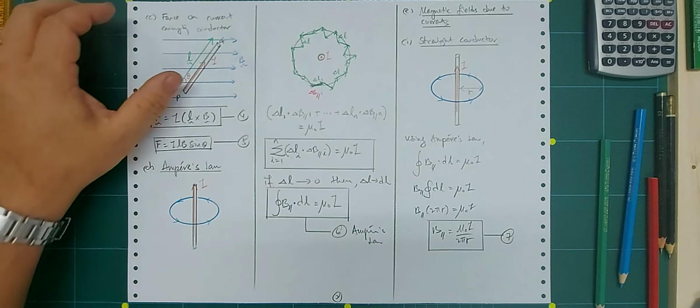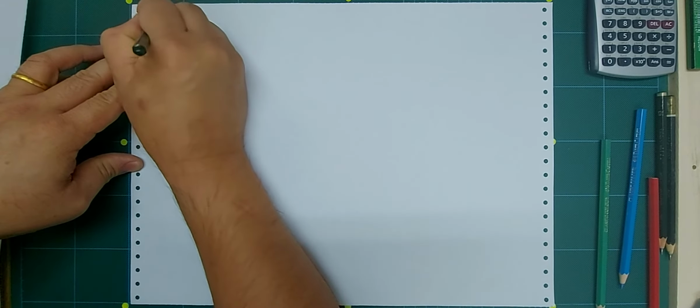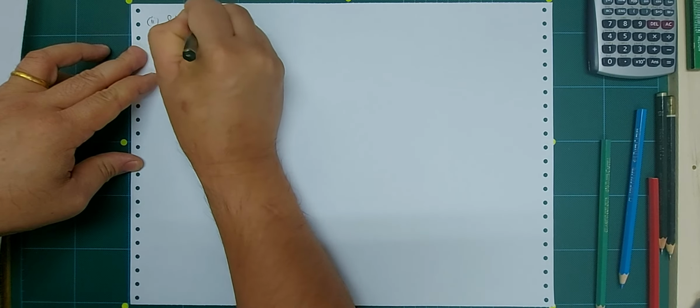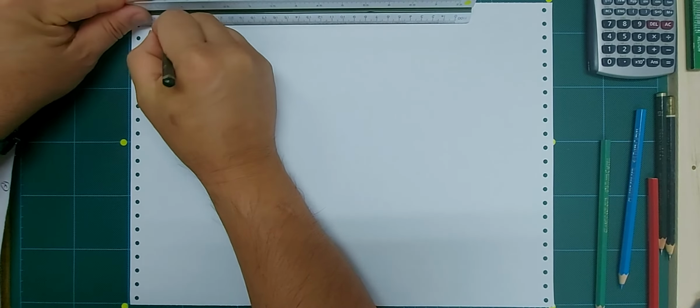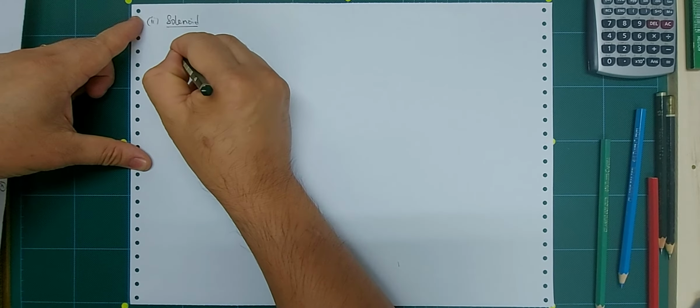So we go to page 3 now. Solenoid, our application number 2. That solenoid must be closely wound around, something like this.